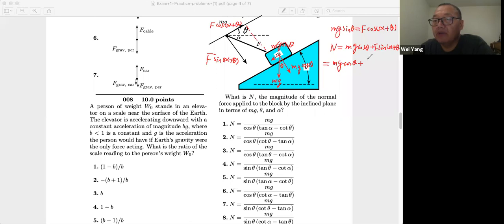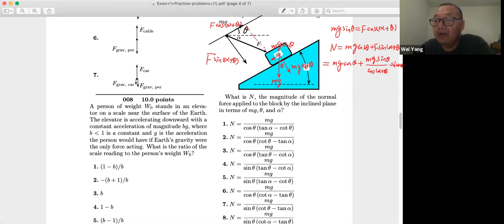So we can write this one as mg sine theta, right, divided by cosine alpha plus theta, then here times sine alpha plus theta, right?